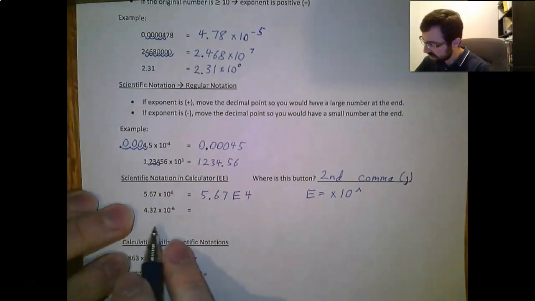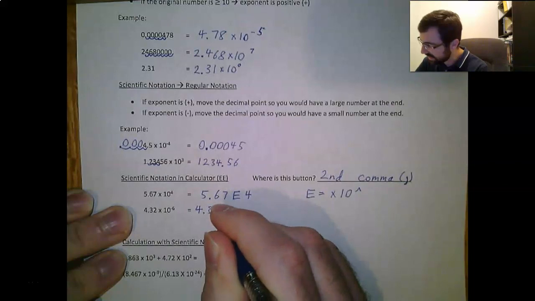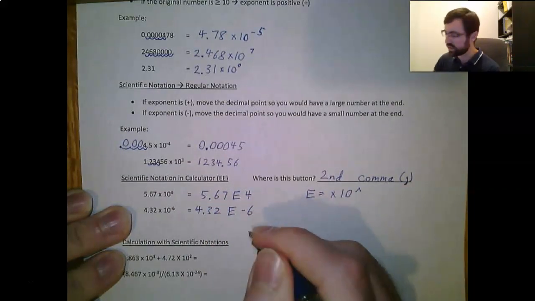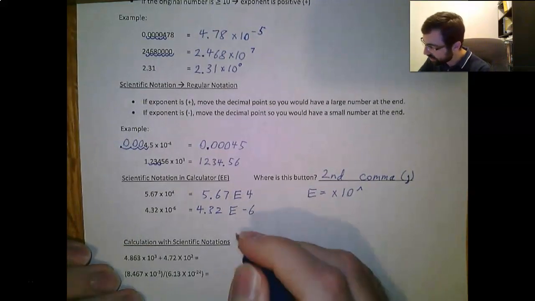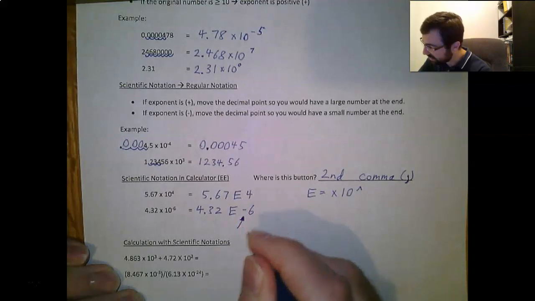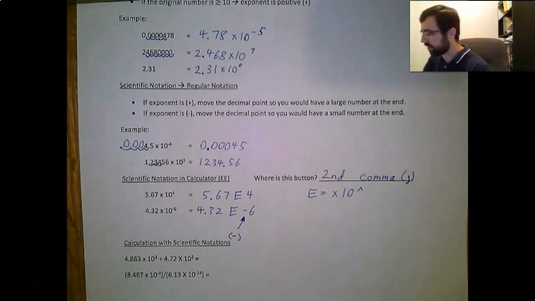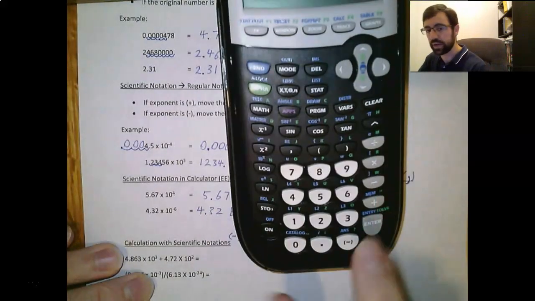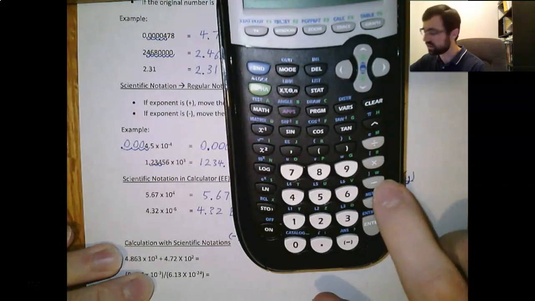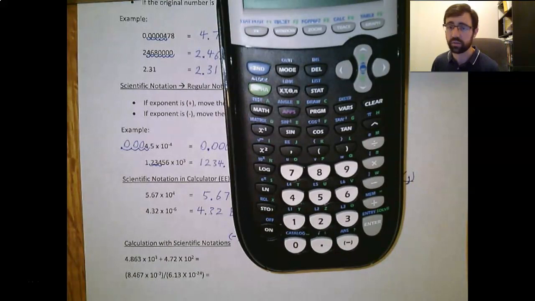All right, this one would be 4.32 E negative 6. And by the way, when we use the negative button, I want you to always make sure that we're using the negative that's in parentheses, which is right below the 3 on your calculator, this button right here. If you type in the minus sign instead of the negative button, you're going to get an error code in your calculator and it will never work.